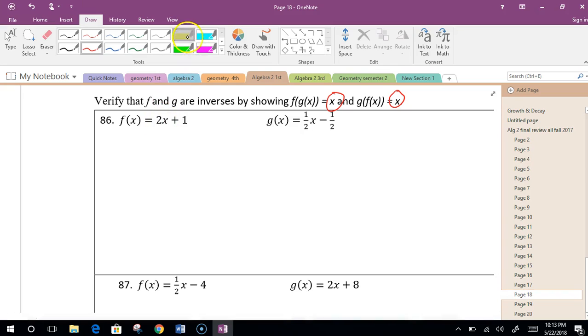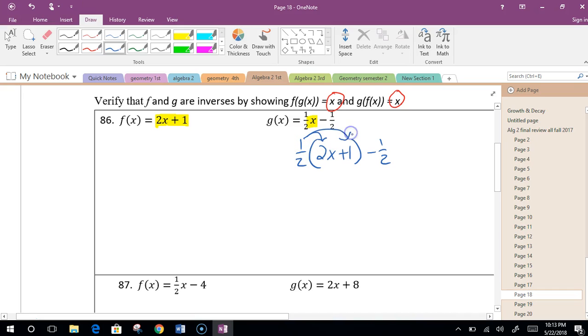If I were to take the f equation and plug it into the g equation, this would turn into 1/2 parentheses 2x plus 1 minus 1/2. That's the g equation with the f equation replacing the x.